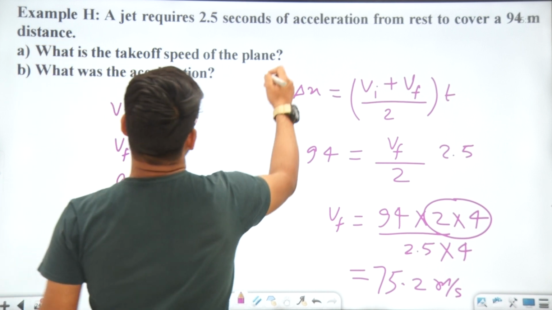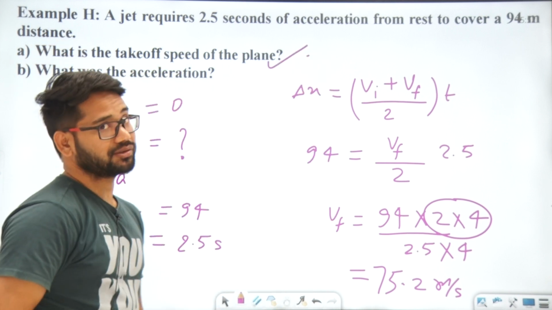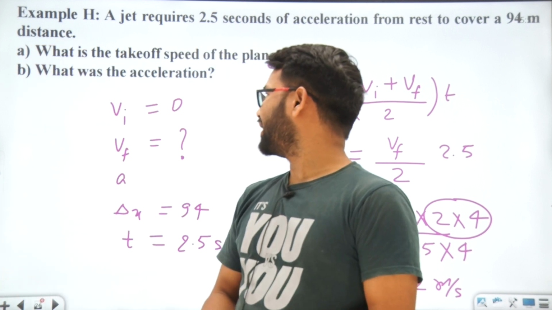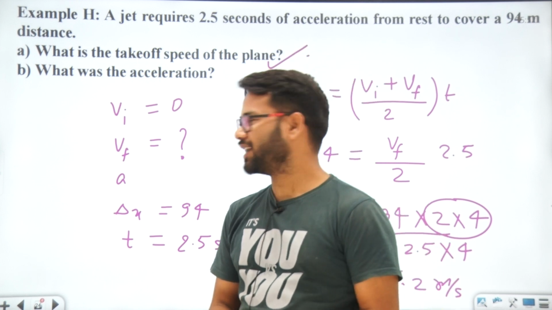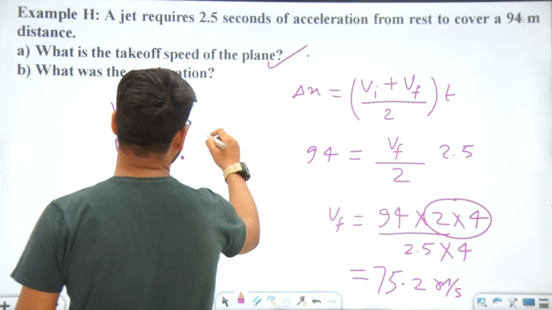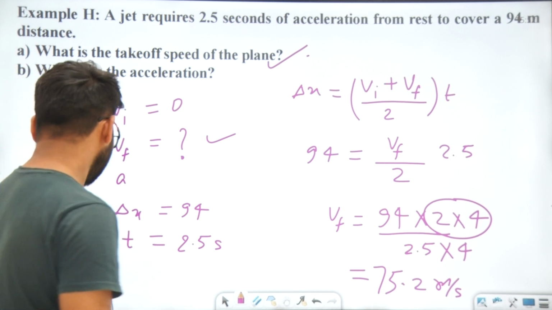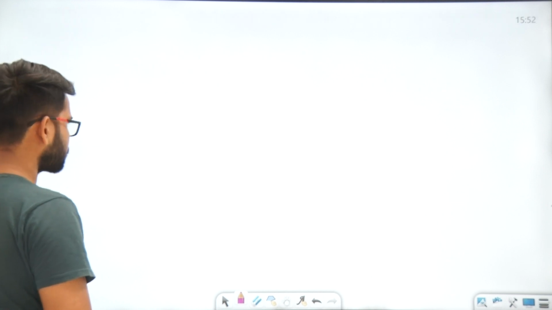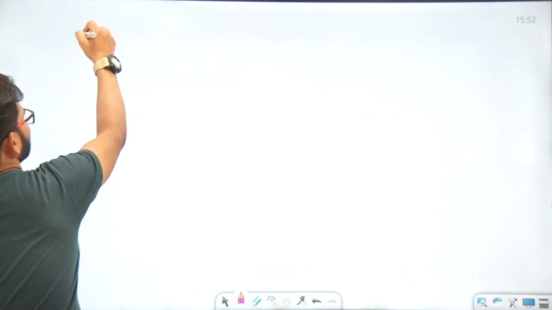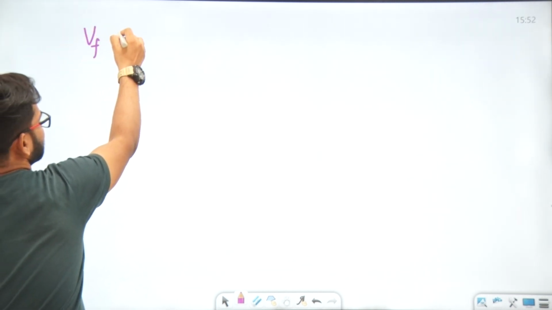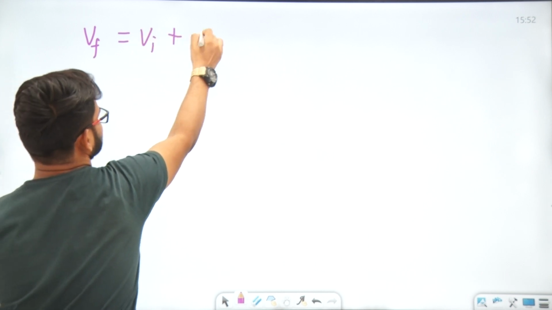So we got the answer for A, but we have also been asked about acceleration. Since we know the final velocity, we can apply any equation. Let's apply Vf equals Vi plus at.